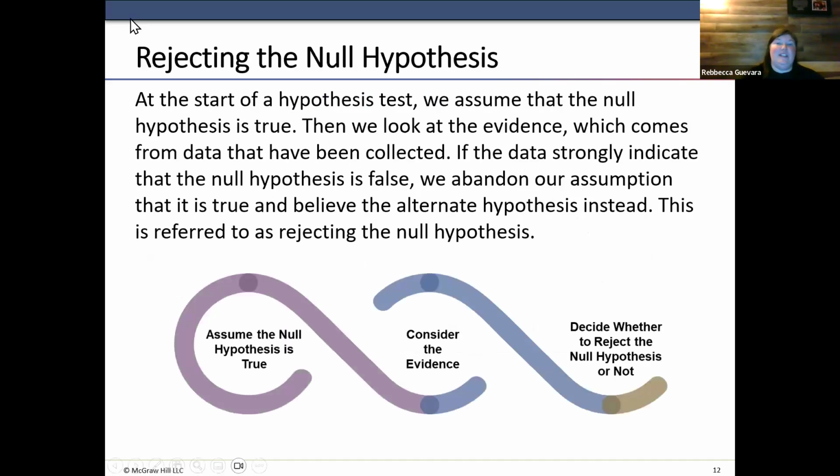So to start a hypothesis test, we assume that the null hypothesis is actually true. We look for evidence, which comes from data that we've collected. And if the data strongly indicates that the null hypothesis is false, we abandon the assumption that it is actually true, and instead we side with the alternative hypothesis. So this is referred to as rejecting the null hypothesis. So we do two things. We either fail to reject or we reject.